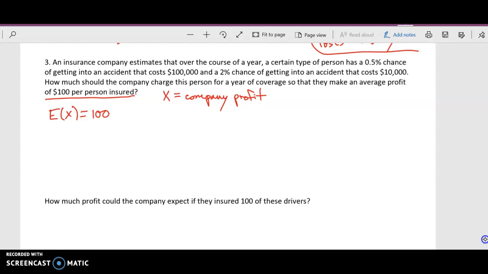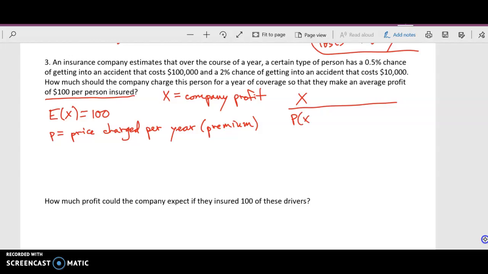If we let P be the price charged per year, which is a premium, then our probability distribution, which is just a chart of probabilities, is we could lose $100,000.